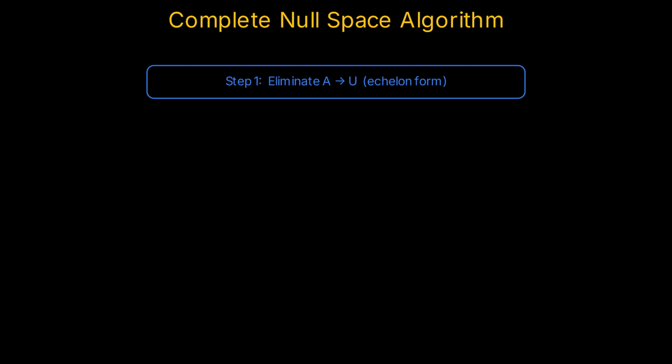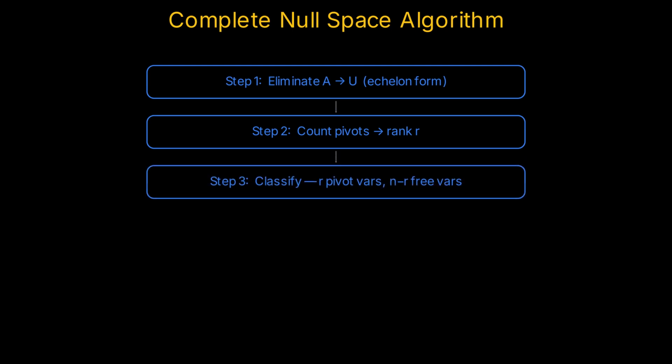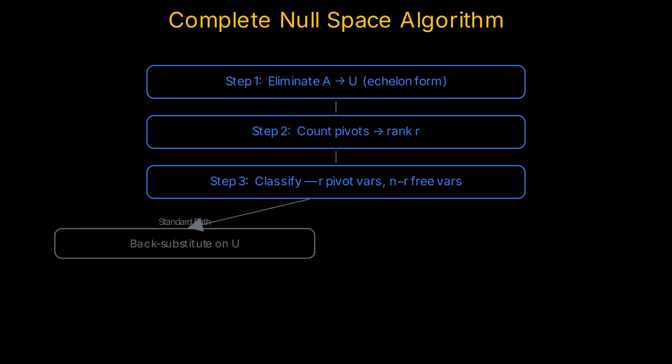Let's now see the full algorithm laid out from start to finish. Step 1, eliminate A down to echelon form U. Step 2, count the pivots. That gives you the rank R. Step 3, classify the variables, R pivot variables and N minus R free variables. Step 4 offers two paths. The standard path: back substitute on U to find the special solutions.